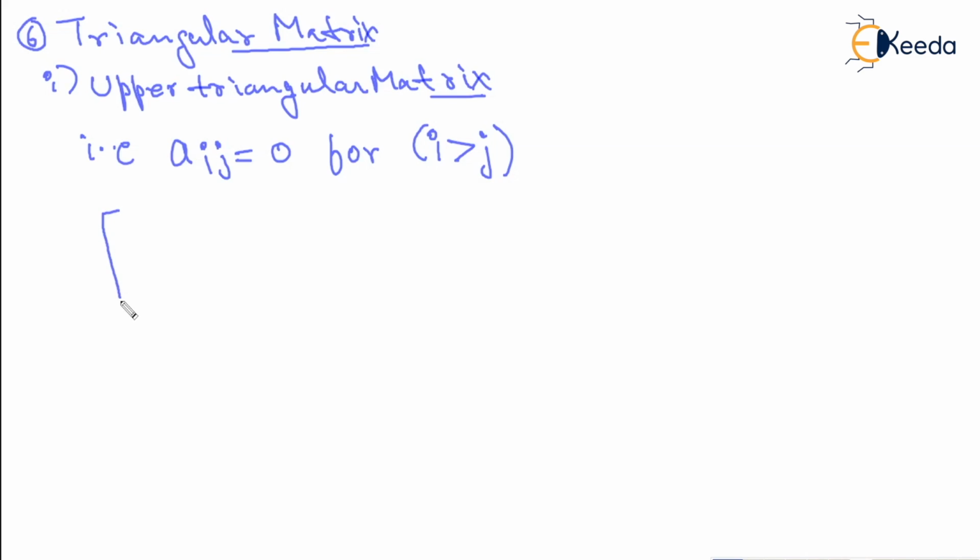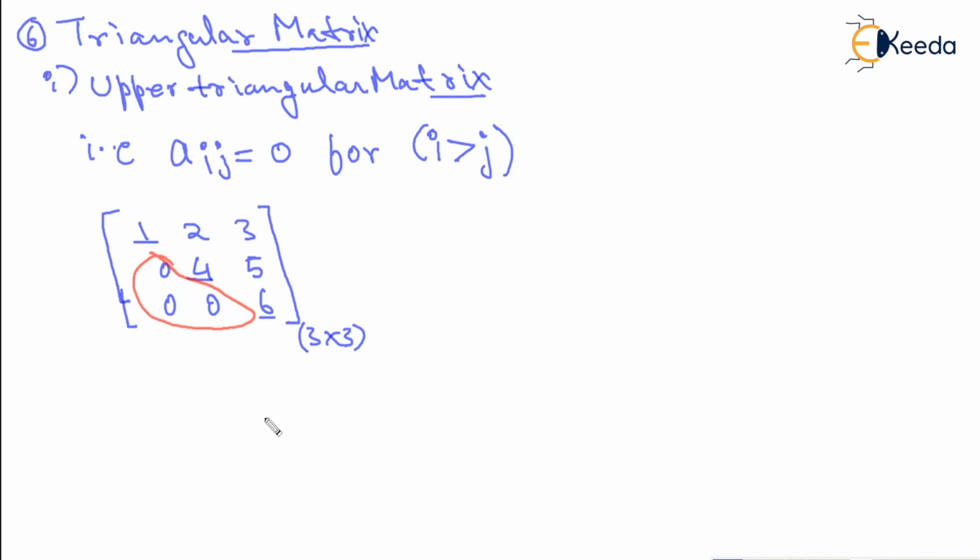Let's see this: 1, 2, 3, 6. Let's say this is your 3 cross 3 matrix. So you can see these are all your diagonal elements, and this entire set below the diagonal is your lower off diagonal.